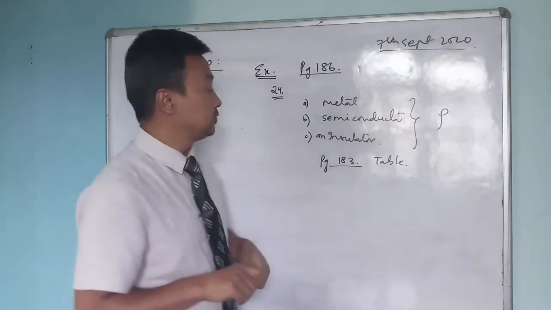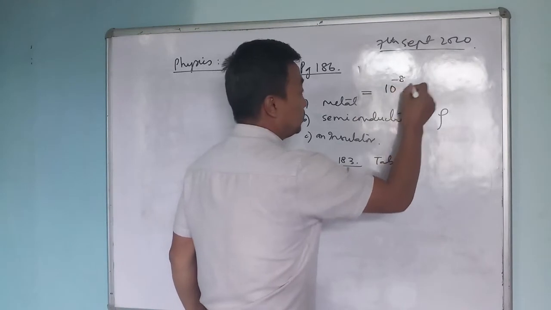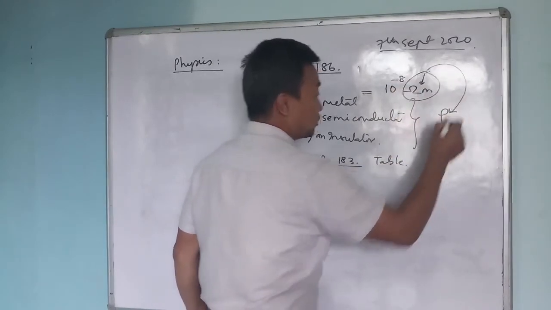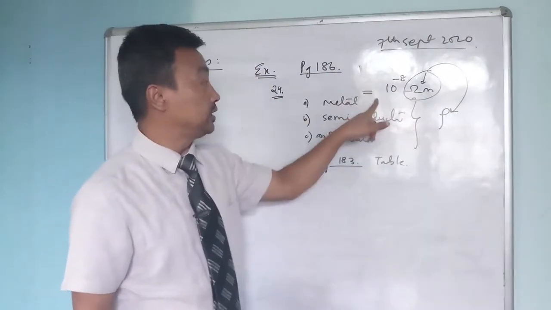It will be on the order of 10 to the power minus 8 ohm meter. Last time we learned that this is the unit of specific resistance. It is very small.